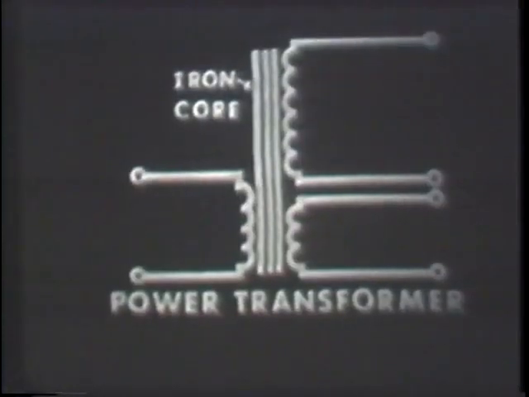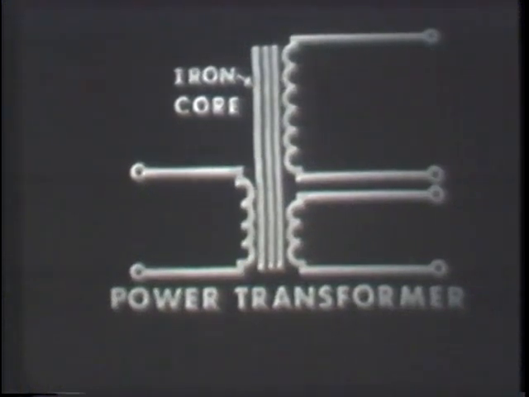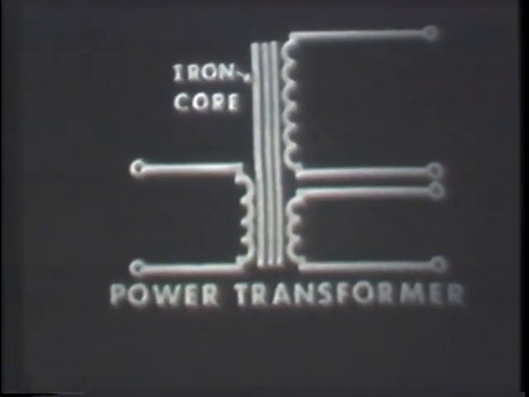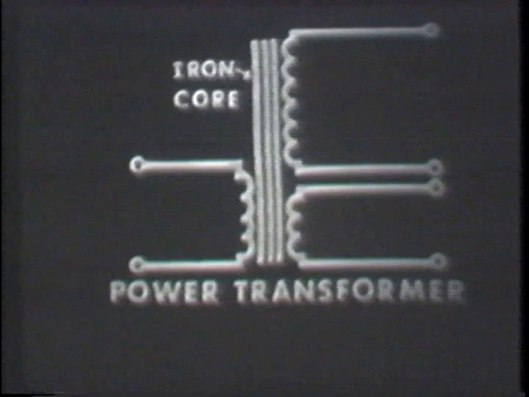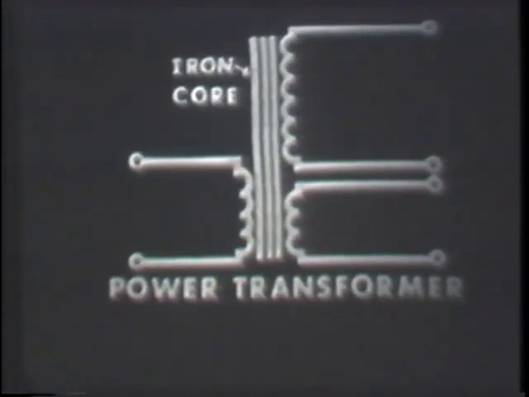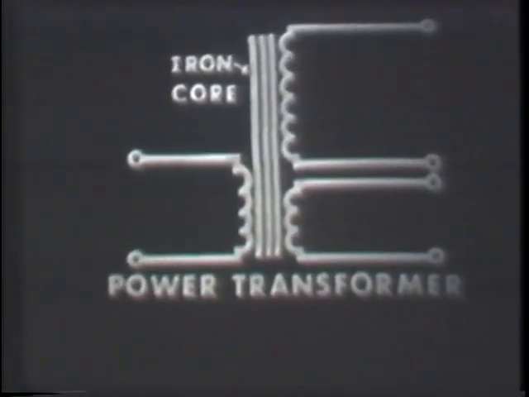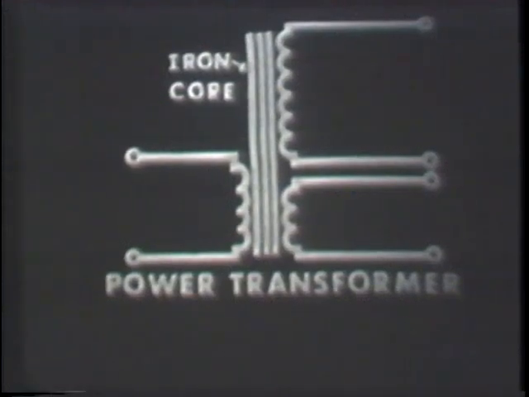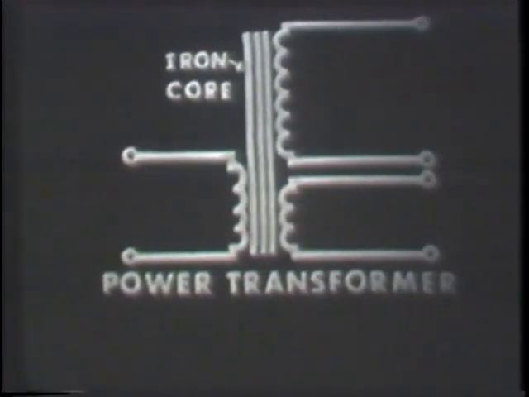Now, quite frequently, and especially when dealing with schematics, you'll have to recognize a type of transformer by its schematic symbol. The schematic symbol for the power transformer can usually be identified by there being more than one secondary winding. In this case, there are 2 secondaries. However, other power transformers may have a different number.